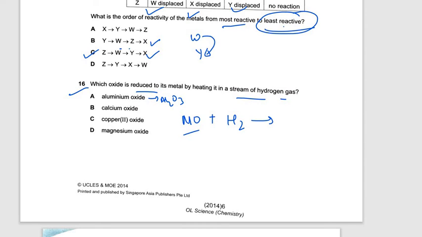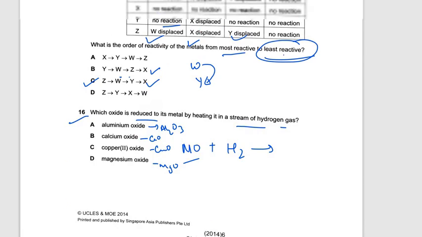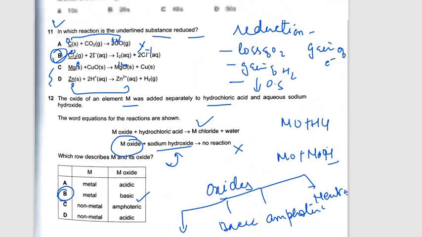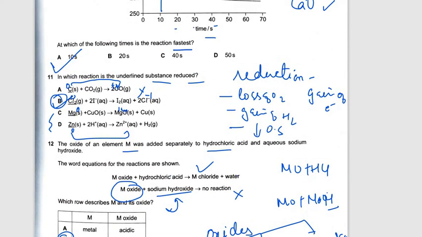I'm asking you to write it because it will help you revise the chapter on formation of ionic compounds. Then you have calcium oxide, CuO, and MgO. Now the question is, which is reduced? Reduce means, as I discussed in the previous part, loss of oxygen, right?